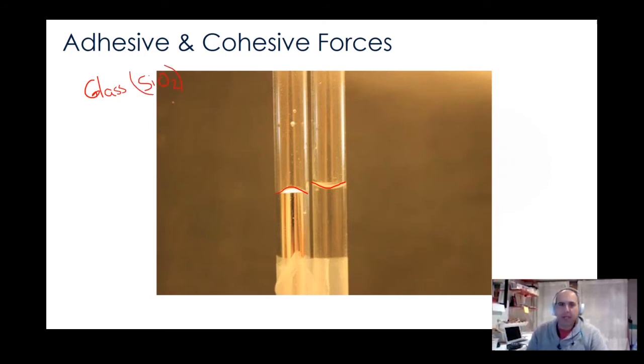But it's not individual molecules of SiO2. Glass is what we call a network covalent solid. It's almost like a polymer or a plastic, except that it's not made of carbon. What that means is that each piece of glass is actually one giant molecule, and it forms an essentially infinite network, as big as the piece of glass, where each silicon atom is connected to 4 other atoms, and they're oxygens.